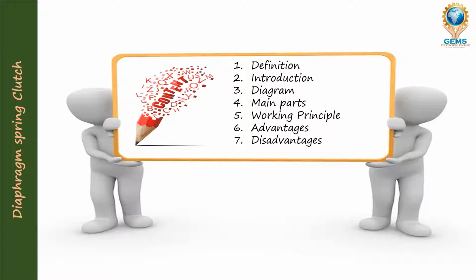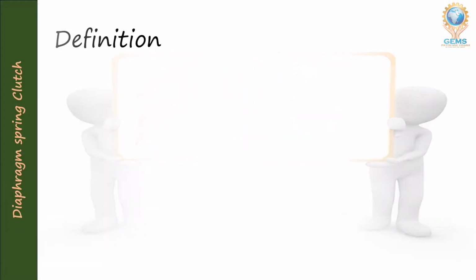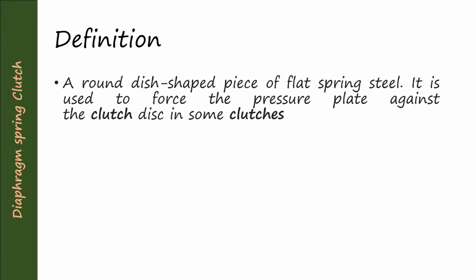First, we are going to see the definition. What is the definition of the diaphragm spring clutch? There are so many definitions; I will explain them one by one so that you can take whichever is easy for you. A round dish-shaped piece of flat spring steel.